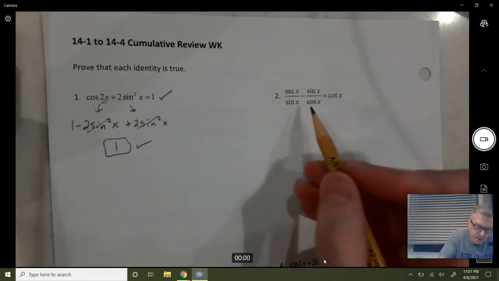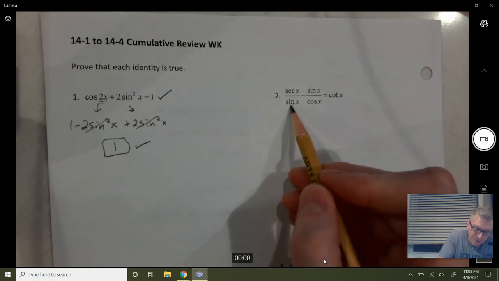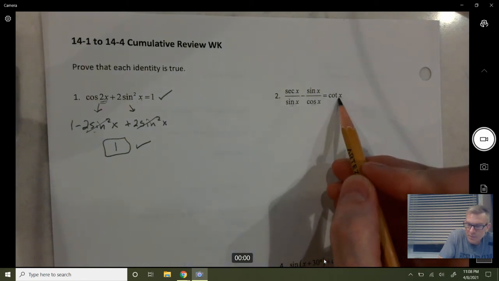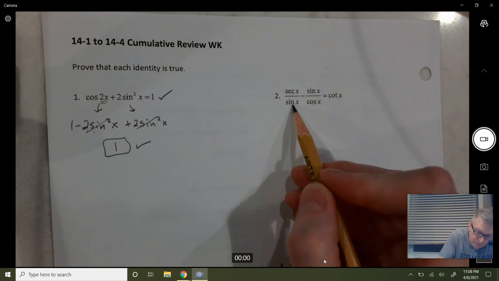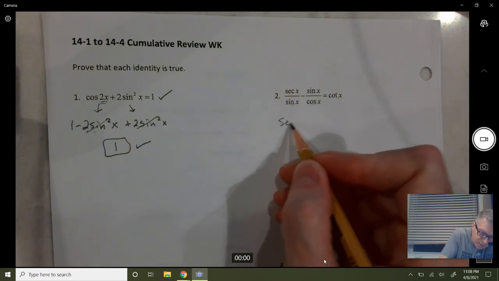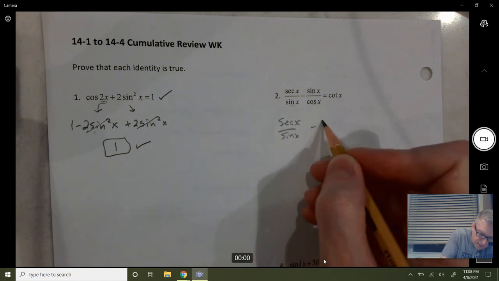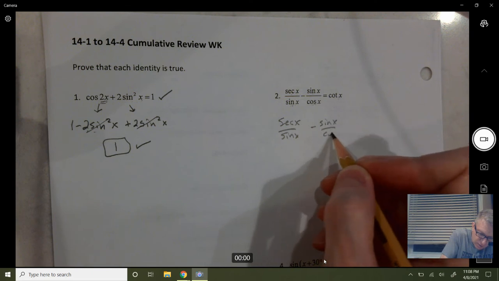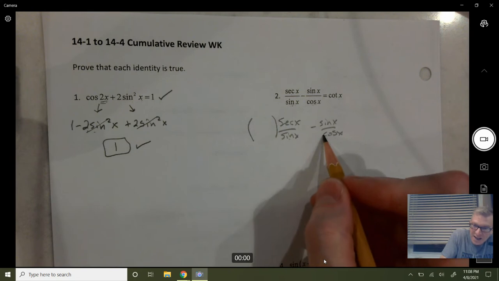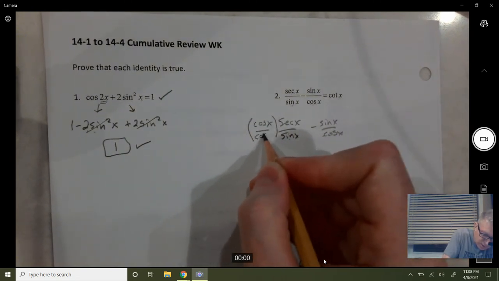Okay. Next one, you've got a couple options. I would think about getting common denominators. I've got two terms, I have to combine them into one term. It's not the only way to do it. You could simplify this first and then see what happens, but I'm going to get common denominators. Secant of x over sine x minus sine x over cosine x. I'm going to get the denominators to both be sine x cosine x, so this I'll multiply by cosine x over cosine x.